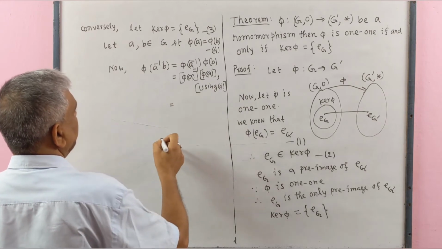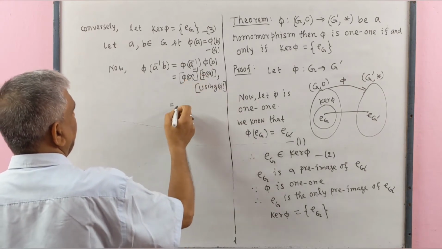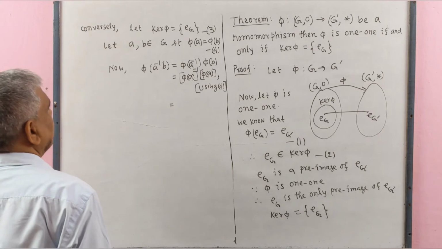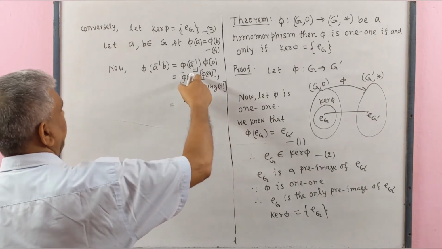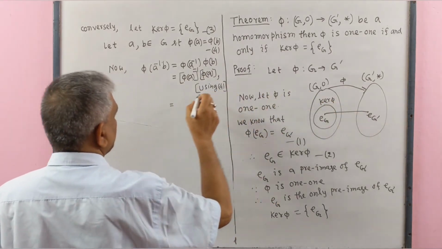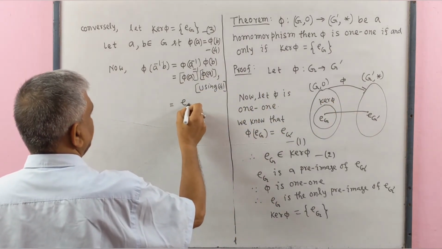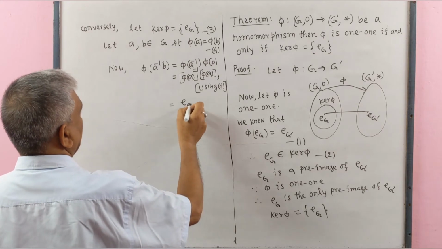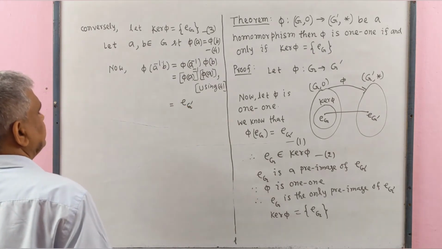And this equals the identity element, here we have the operation of G prime. So this is the identity element of G prime.